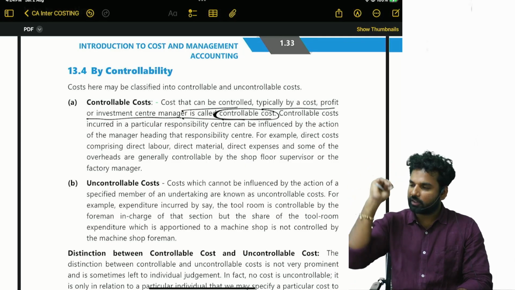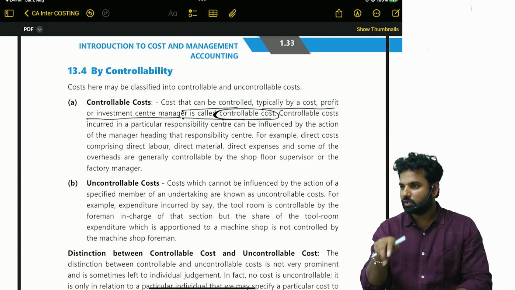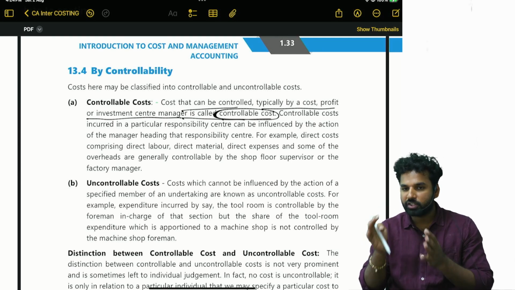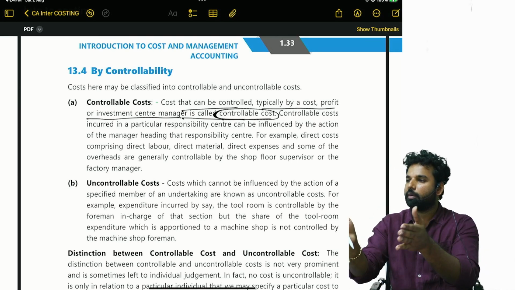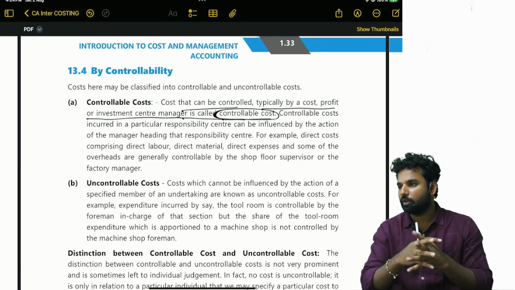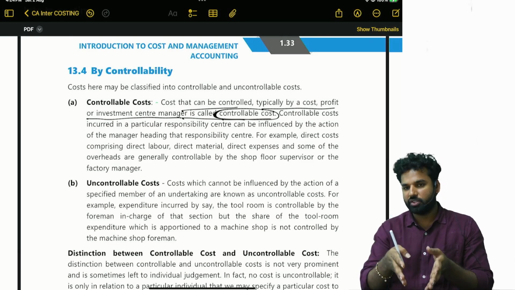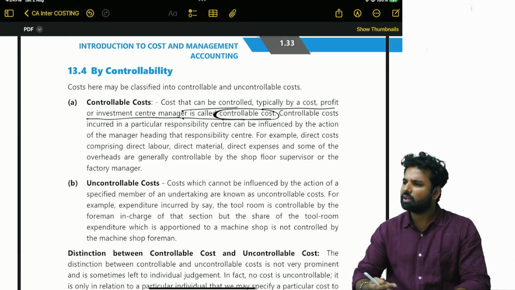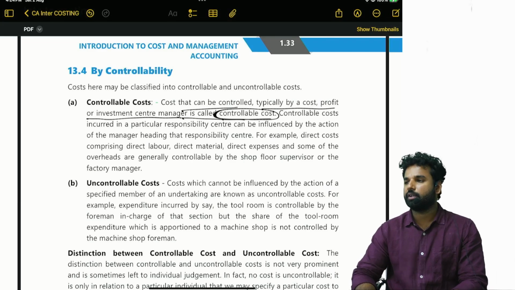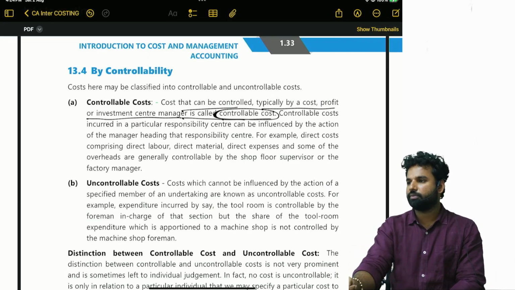It is already prefixed; it is a management decision and not in his hands. So controllable costs are the costs in the hands of the manager of the particular branch or center. Costs not in the hands of the manager of the particular branch are uncontrollable. Example, rent. Electricity is in the control of the branch itself.